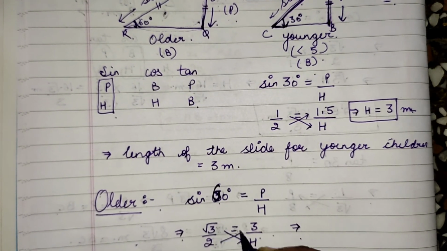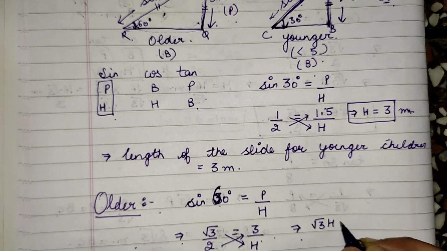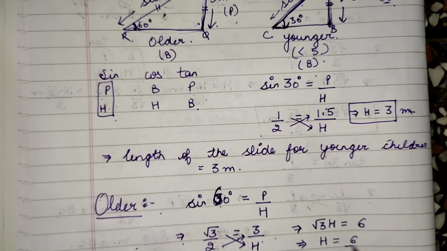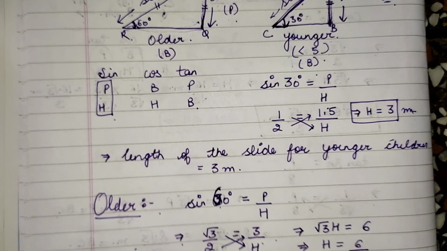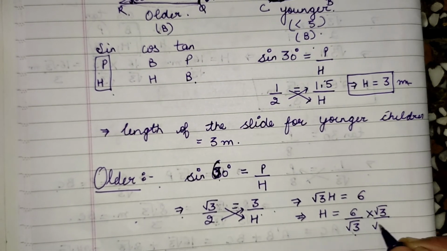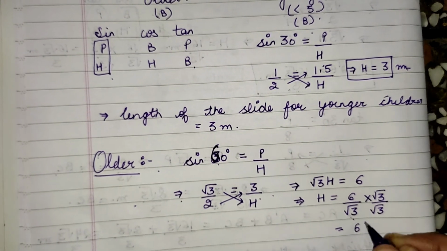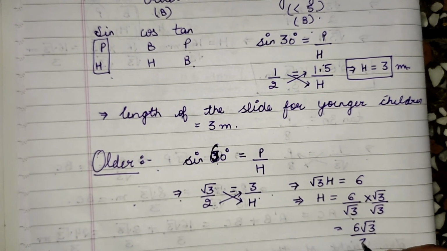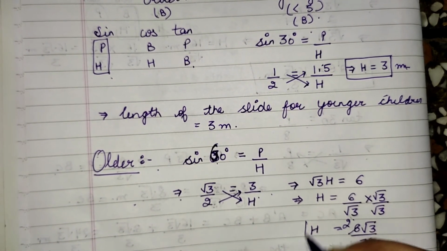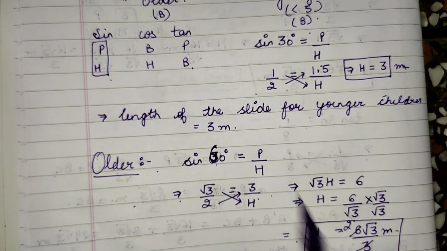If I do cross multiplication, I will get root 3 h is equal to 6. So hypotenuse is equal to 6 by root 3, and multiply root 3 in the numerator and the denominator. So you will get 6 root 3 by 3, which is going to be 2 root 3 meter.